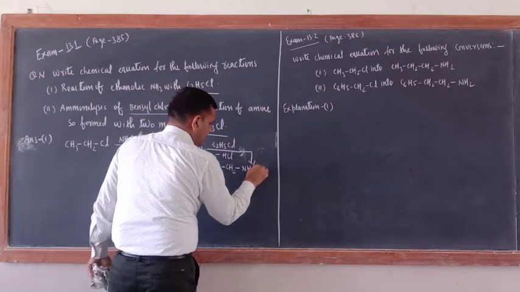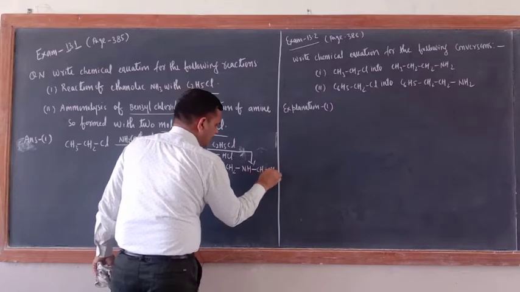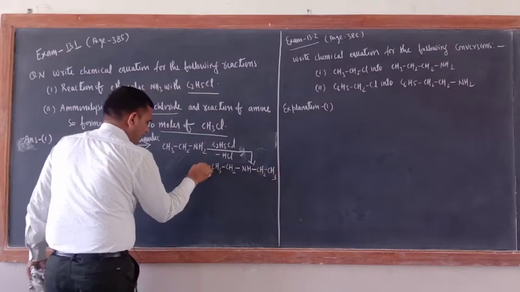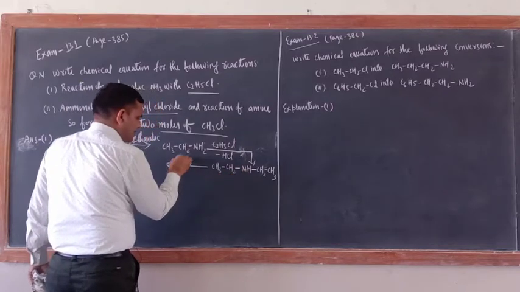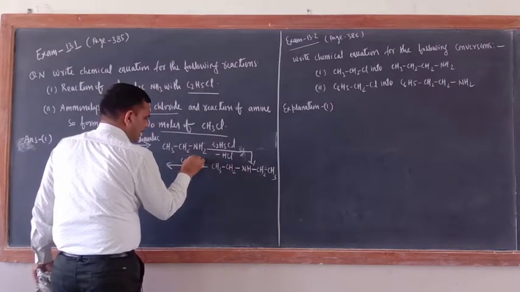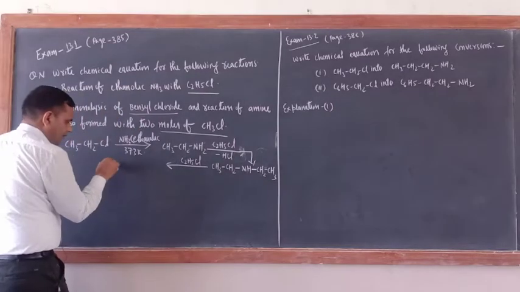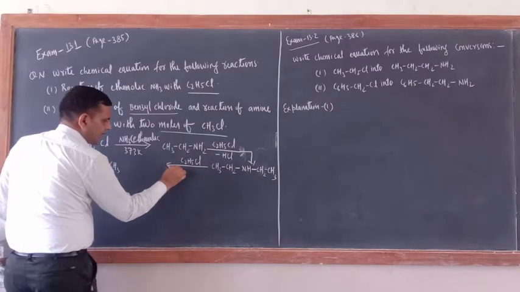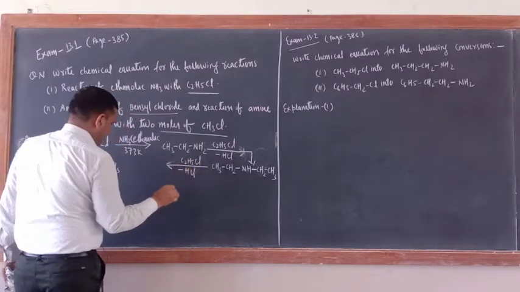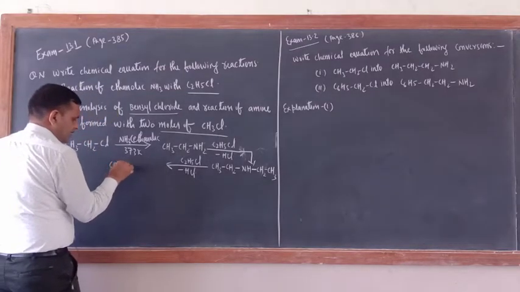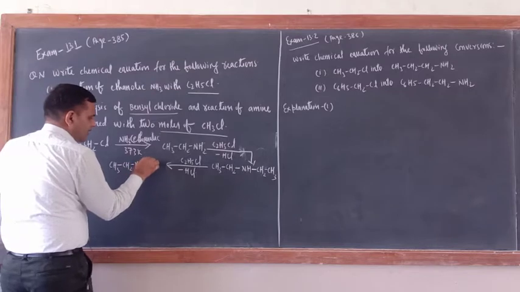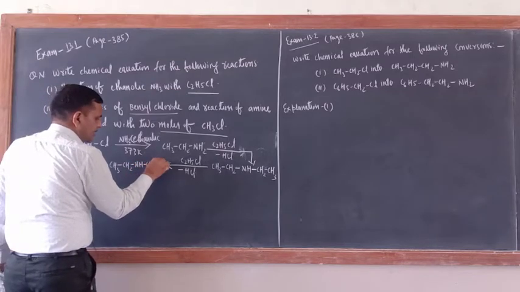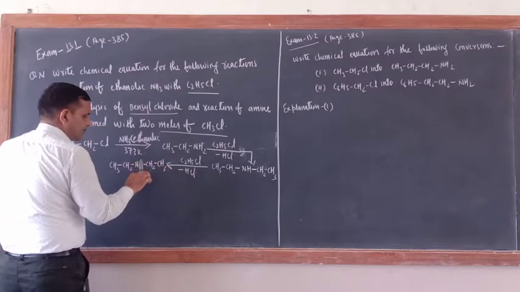Now here, CH2CH3. Still one replaceable hydrogen is there. So with C2H5Cl, the next product would be CH3CH2, here NH, CH2CH3, with Cl minus. Now this H won't be here.